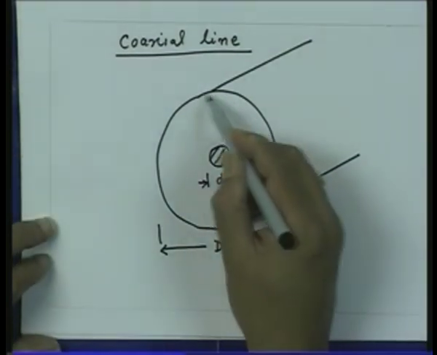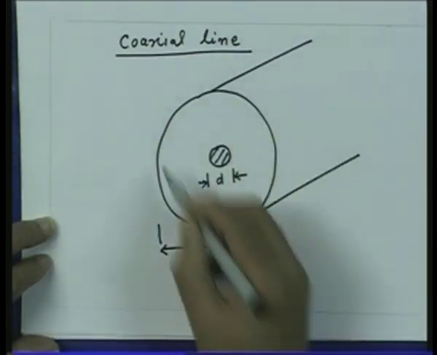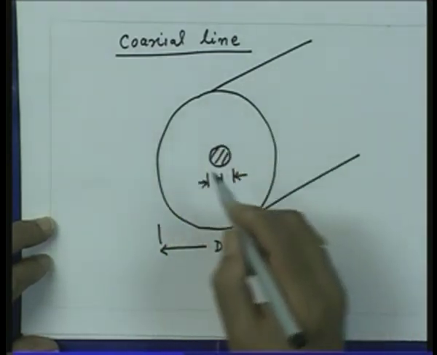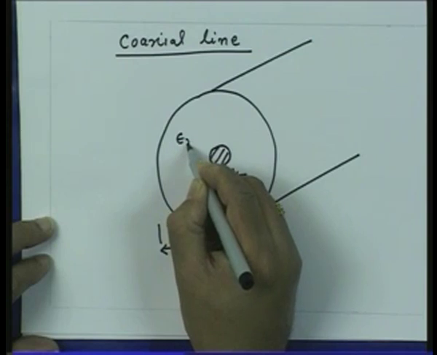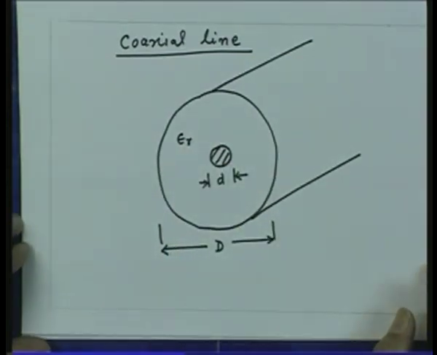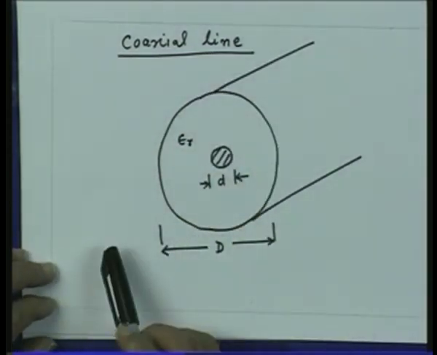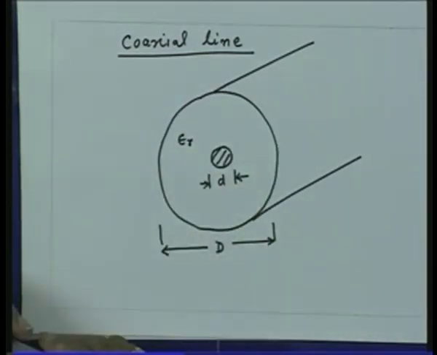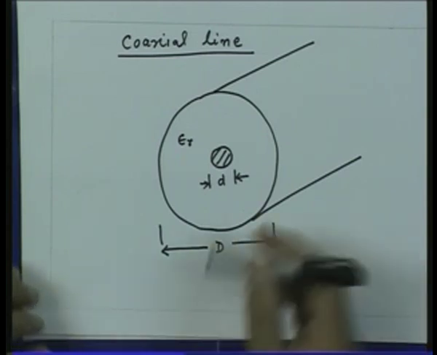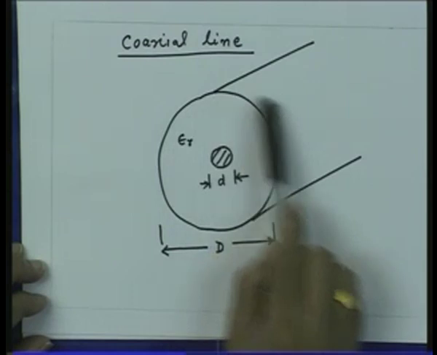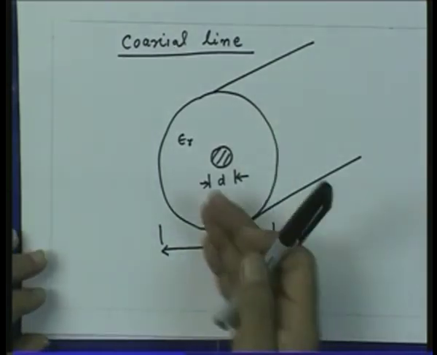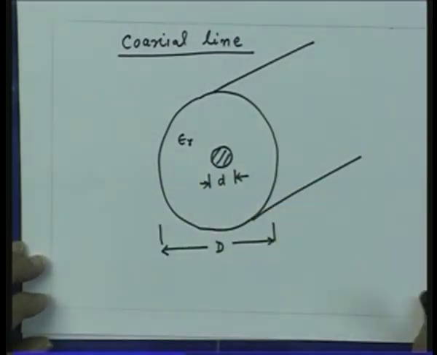And let us say the dielectric which is filling the medium between these two conductors has a dielectric constant epsilon r, or the relative permittivity of the medium which is filling this cable is epsilon r. In practice, we use materials like perspex or Teflon for filling these cables. So the dielectric constant may lie typically in the range from 2 to 4.